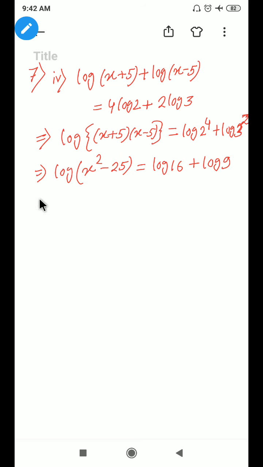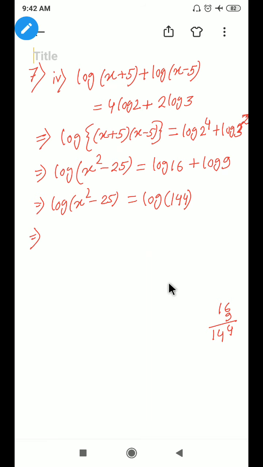Now that will be log x square minus 25 is equal to, addition of logarithms will be multiplication, so 16 into 9, 144. You know one formula, that is log a is equal to log b implies a is equal to b.